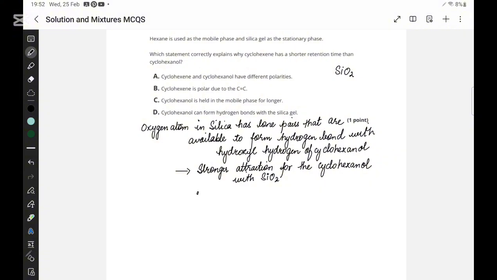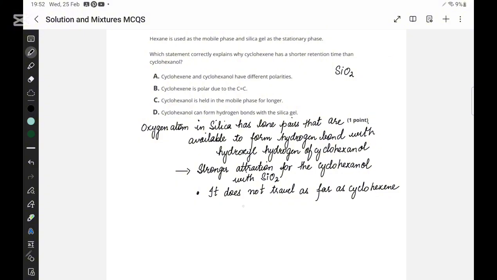So it does not travel as far as cyclohexene.